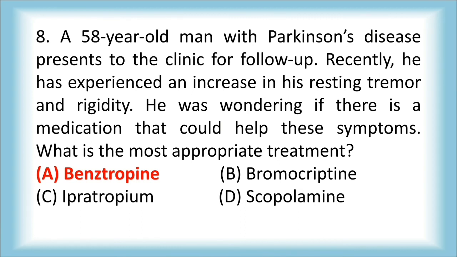And benztropine is mainly used for Parkinson disease, just because it decreases the levels of acetylcholine, and also decreases the imbalance between acetylcholine and dopamine. Okay, so here the correct answer is option A, benztropine. So benztropine, an anticholinergic, can be helpful for relieving symptoms like muscle rigidity or tremors or spasms.